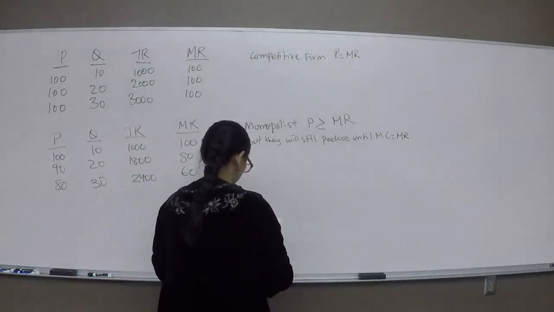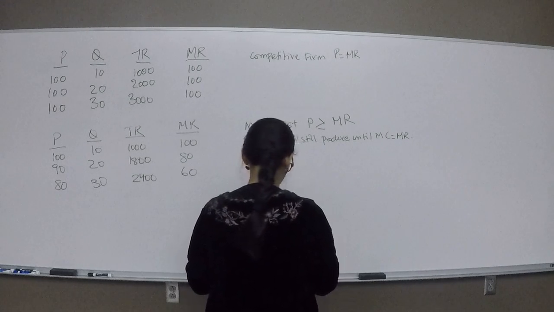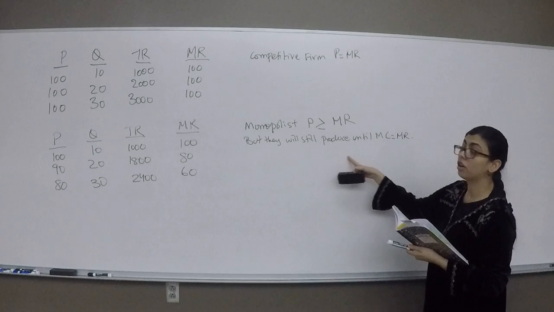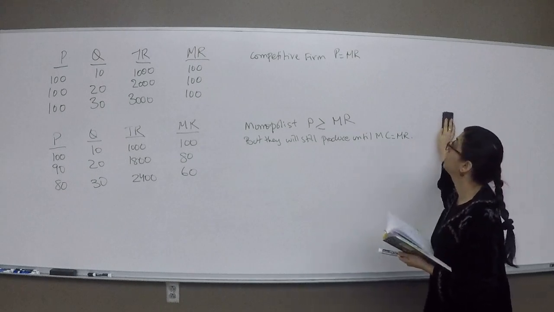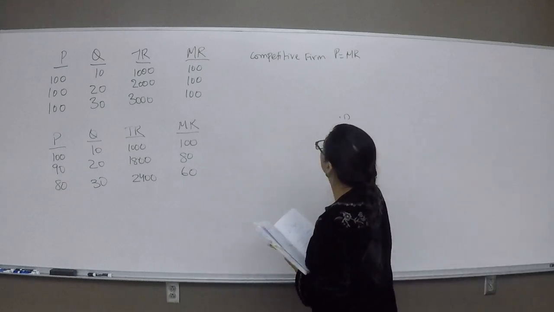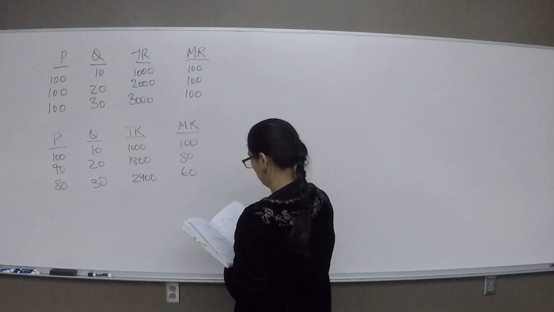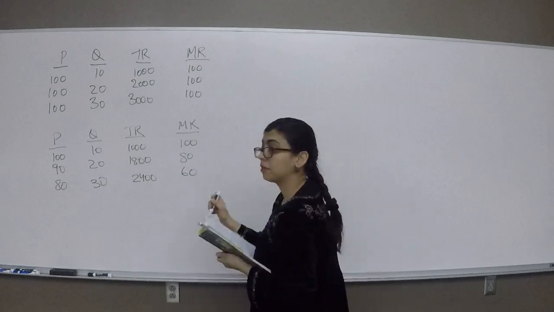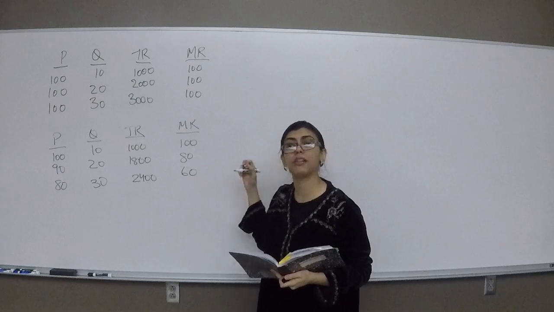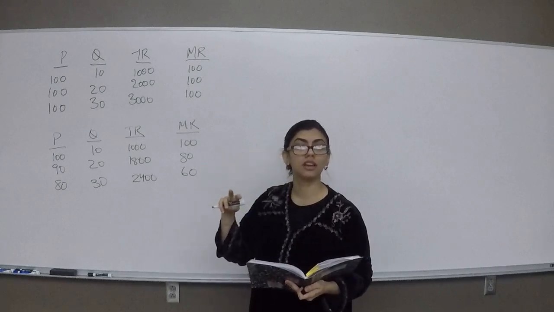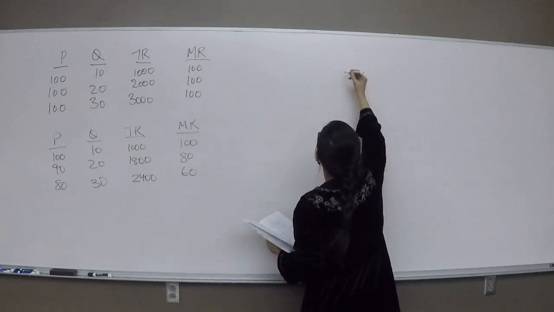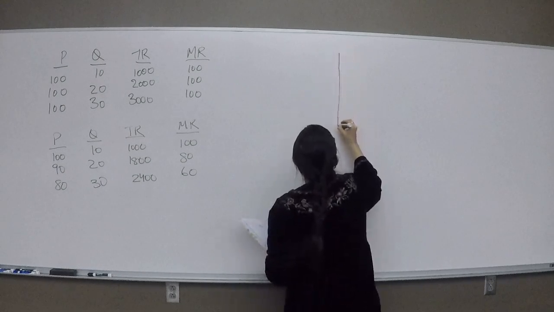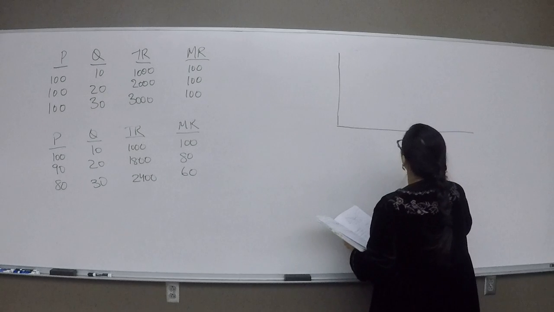So everybody got this part? I'm going to erase this. I'm going to draw a graph for the monopolist firm. Let me finish and then draw because it's a little bit tricky and I don't want you to draw it wrong on your notebook.